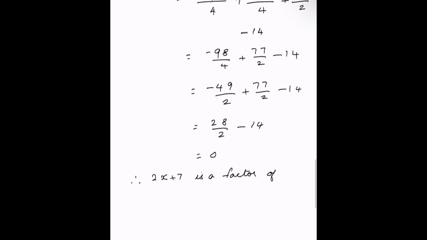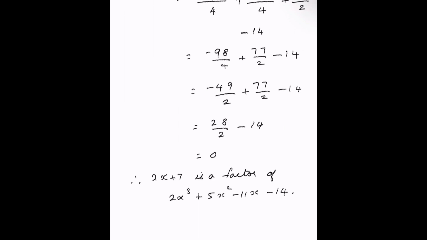So this shows that the given 2x plus 7, you can write therefore 2x plus 7 is a factor of, what is the given polynomial? You can write that entire thing, which is 2x cube plus 5x square minus 11x minus 14.